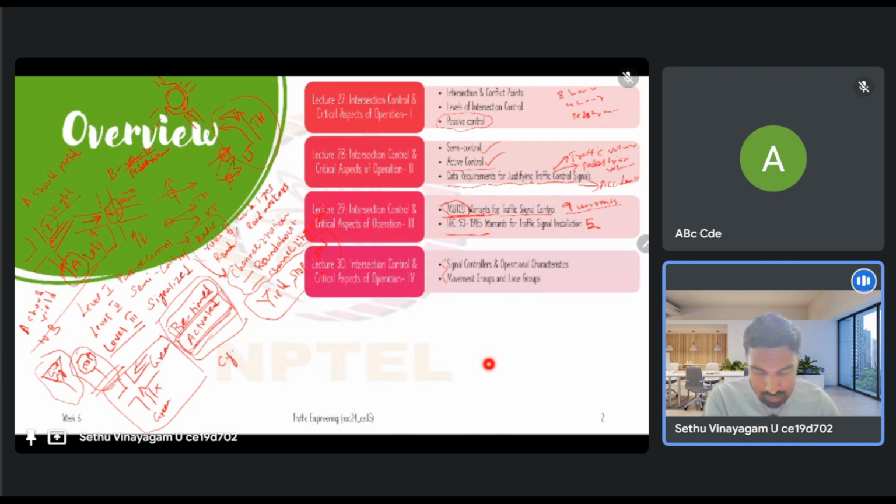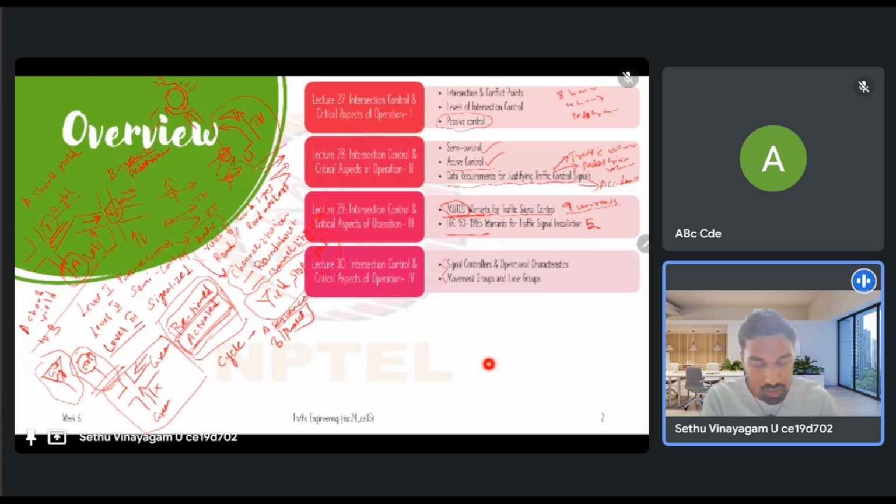First is cycle. A cycle is nothing but a sequence of phases. Okay, so what is a phase? A phase means a particular type of traffic movement is allowed in that phase. For example, we may have a through movement from one direction, or a through movement and the right turning movement happening.